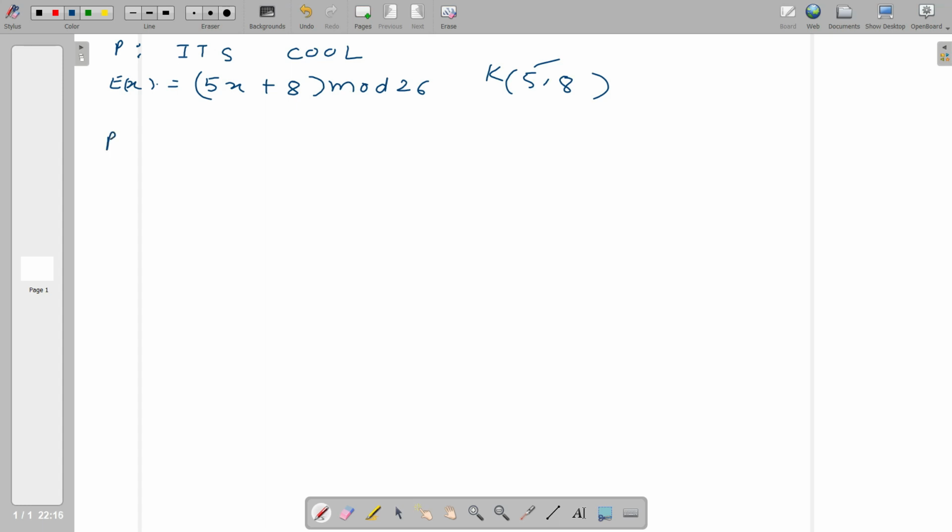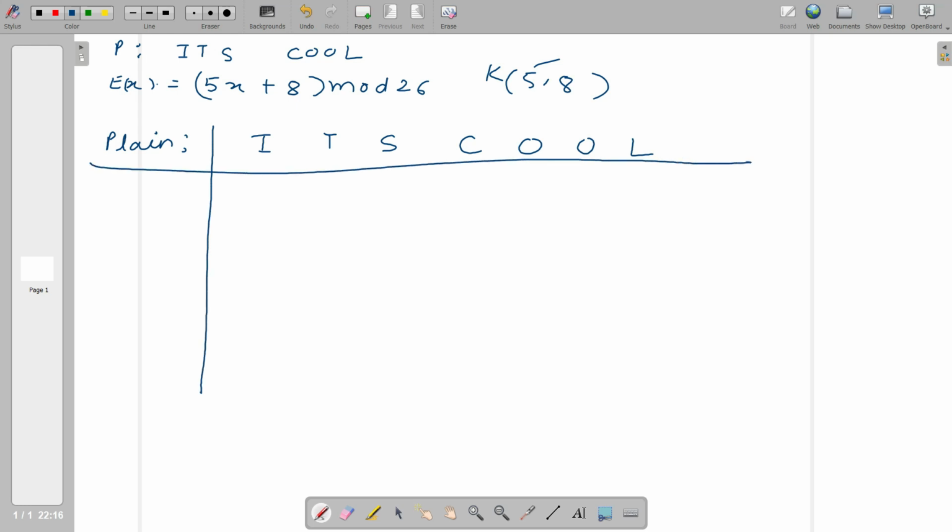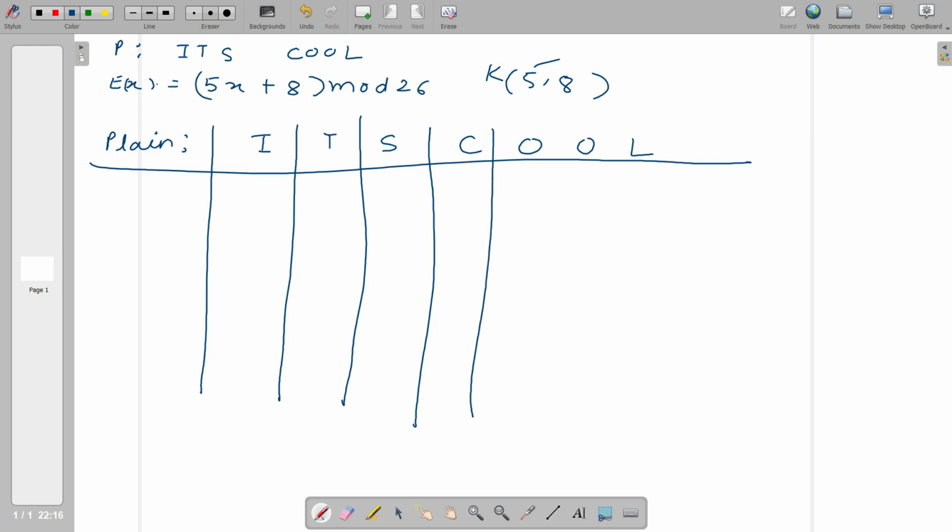Now how to write it? Let's make a table for this. First write the plain text: it's cool. Now we are going to write x, the number equivalent to each plain text alphabet.